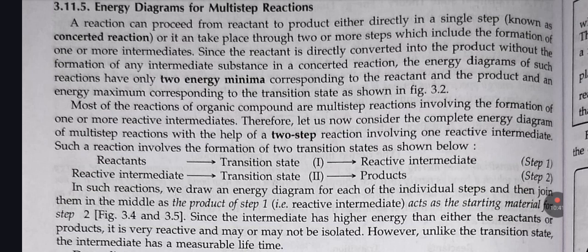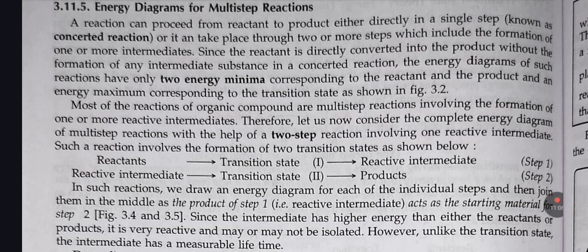Since the reactant is directly converted into the product without the formation of any intermediate substance in a concerted reaction, the energy diagram of such a reaction has only the energy minima corresponding to the reactant and the product, and an energy maximum corresponding to the transition state, as shown in figure 3.2.